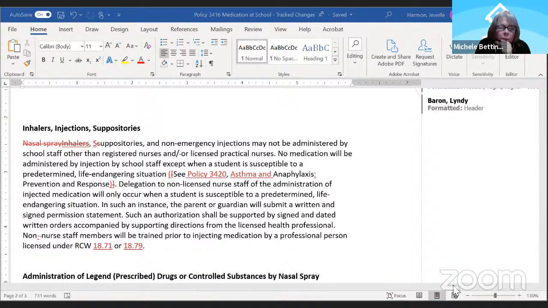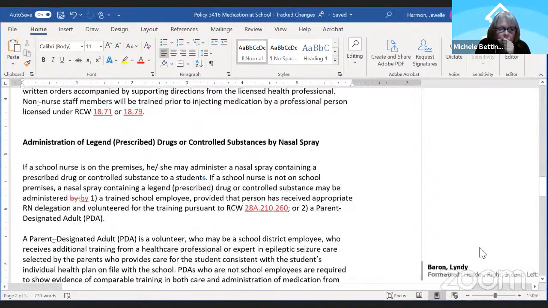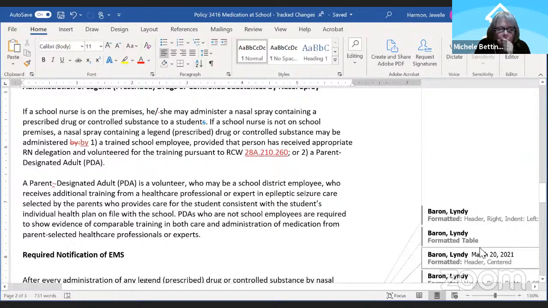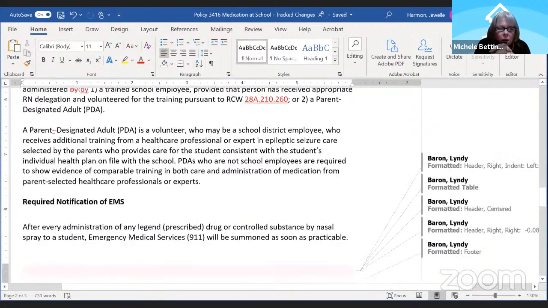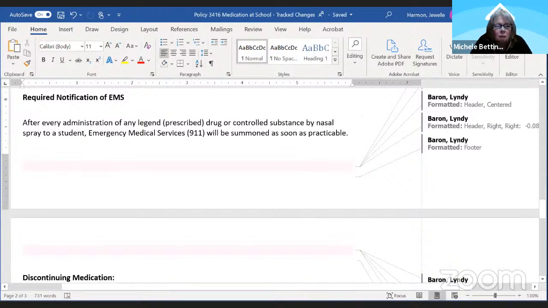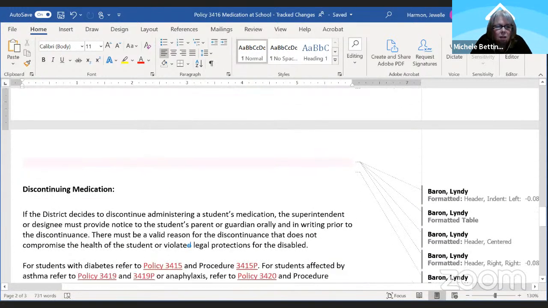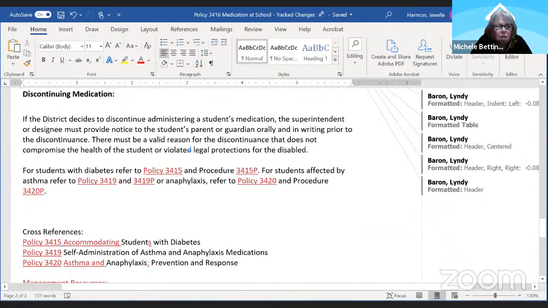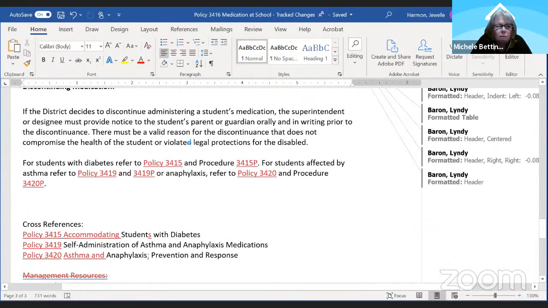Can you scroll up? So do we have policy 3419, self-administration of asthma and anaphylaxis medications?